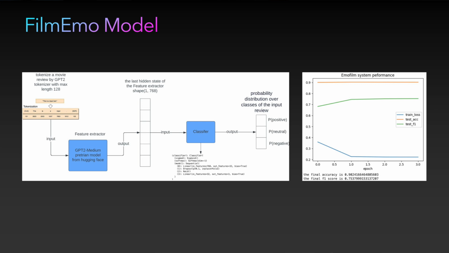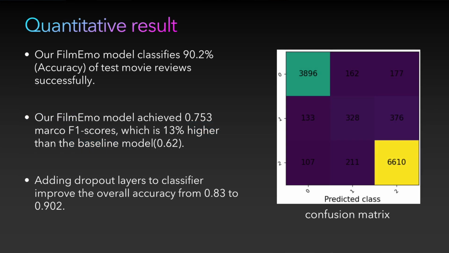Here's the performance of our FilmEMO system. It can correctly predict 90% of movie reviews. Comparing with the baseline model, the accuracy of our FilmEMO model is slightly higher. However, as you can see from the confusion matrix, our model did much better at distinguishing negative movie reviews.